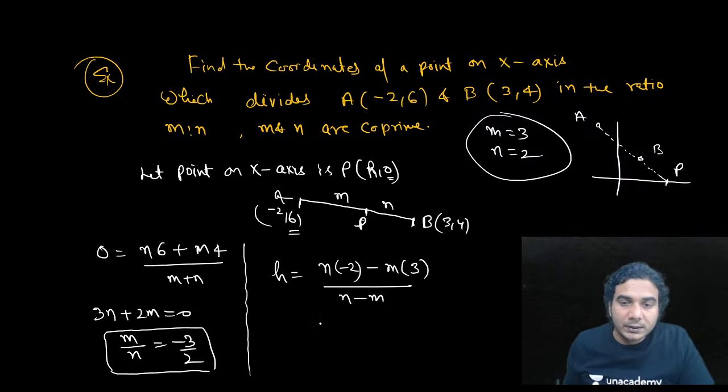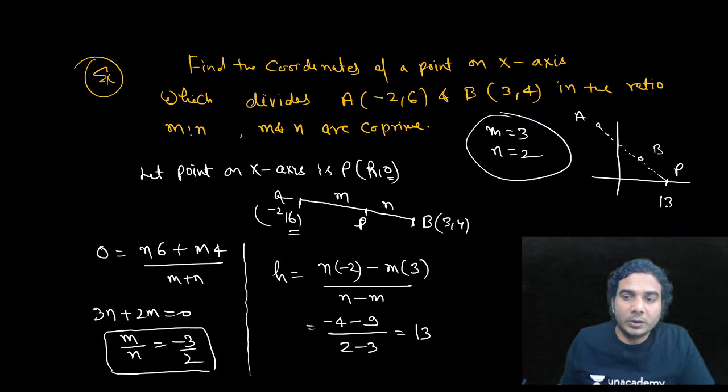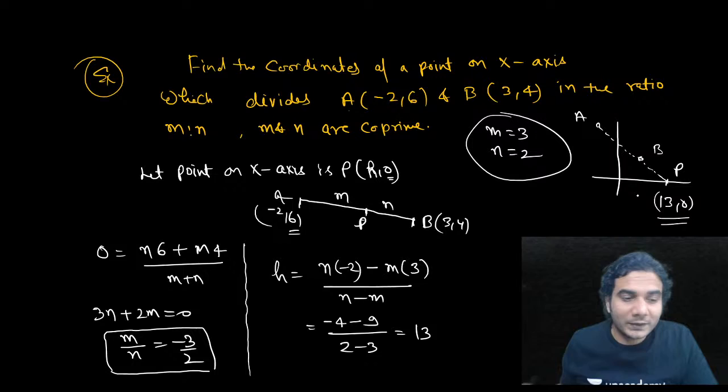Apply this. So it is going to be n, put n is 2, so it is going to be minus 4, minus m is 3, so it is going to be 9, divided by n minus m, so 2 minus 3. So it is actually 13, right? It is 13, yeah, it is 13. So this point is 13 comma 0. So we have got the coordinates of the point as well, right?